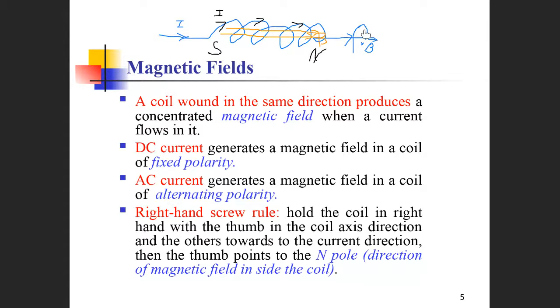This is a coil. So the four fingers point along the current, and the thumb gives the direction of the magnetic field. It points to the North Pole. Here it is just for one straight line.